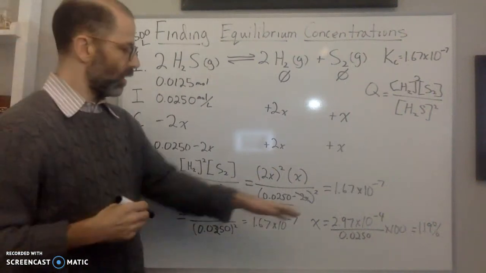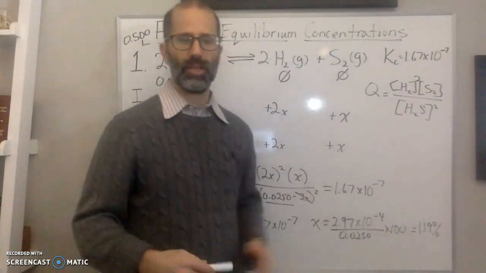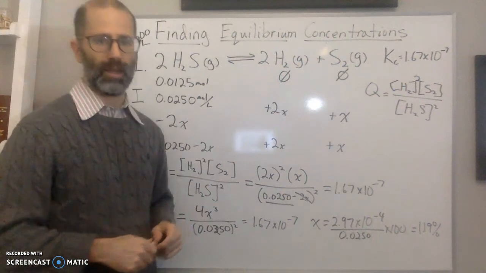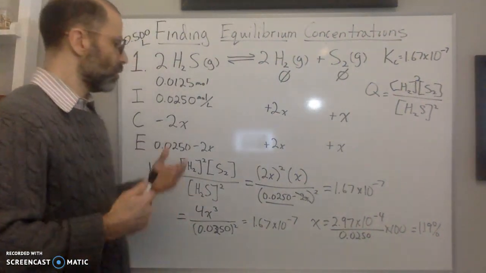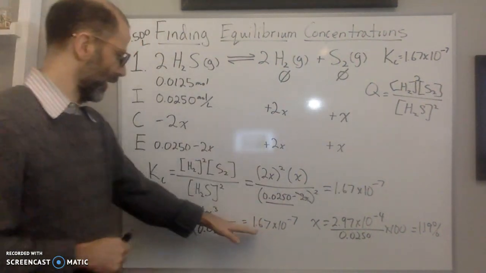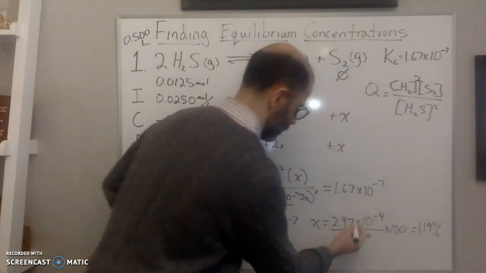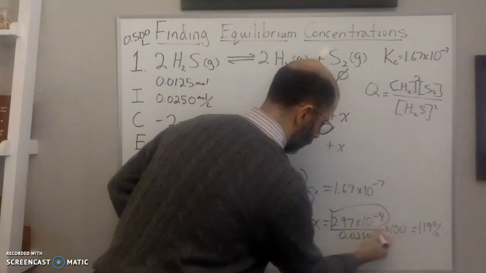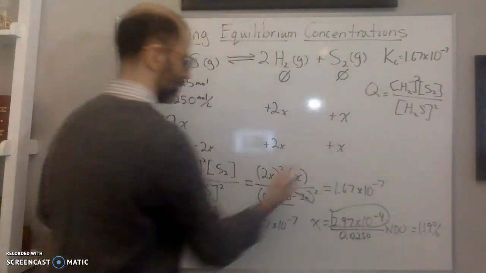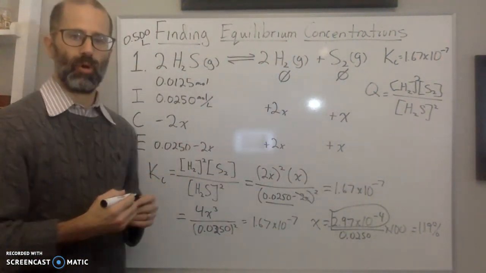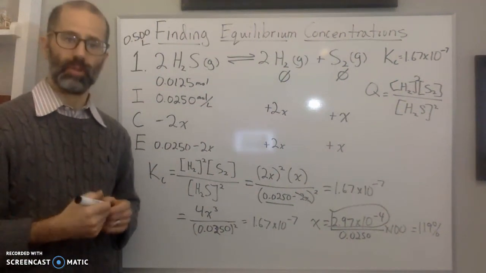This is less than 5%, so that was a valid assumption to make. At that point, we validated the x value. Now all we need to do is plug this in for x and then solve for the equilibrium concentrations.